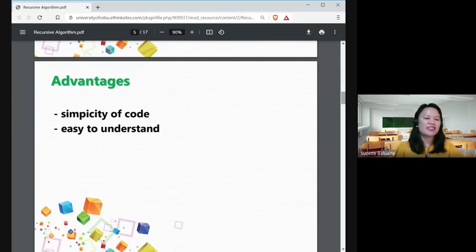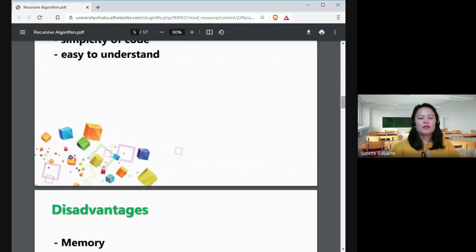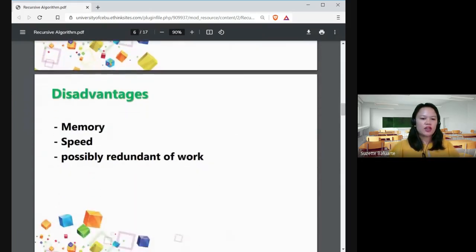Number two, it is easy to understand, because you just call the method by itself, so it is easier to understand and easy to code. But when you compare it to iterative, iterative is very hard in coding, but it is easy to find the time complexity. You can compare it later on.